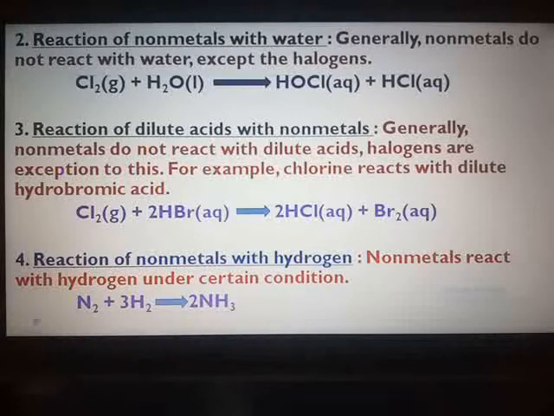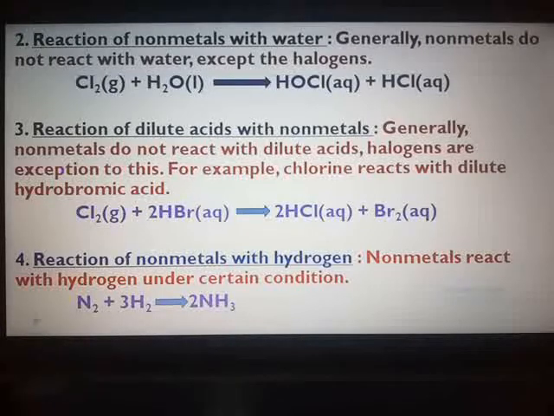So our entire first topic of this chapter, that is chemical properties of metals and non-metals, is over. What you have studied in this topic is nothing but the different reactions. You have to prepare a chart. How to prepare this topic? Prepare a chart. Make 2 columns. In the first part write metals, in the second part write non-metals.